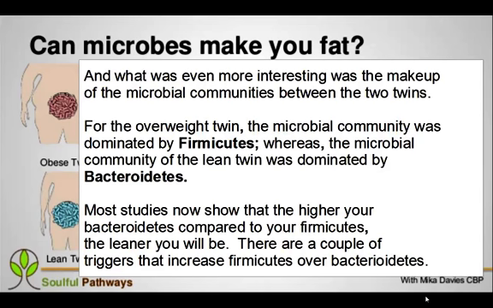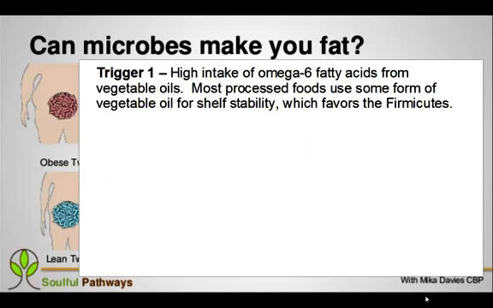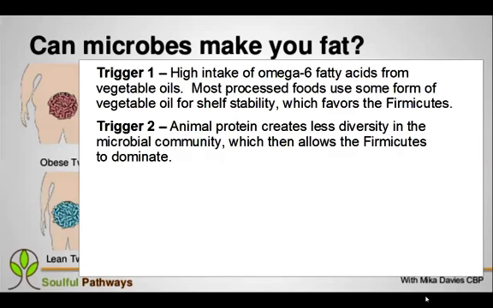Trigger number one, high intake of omega-6 fatty acids from vegetable oils. Most processed foods use some form of vegetable oil for shelf stability. The problem is these types of omega-6 oils trigger inflammation, which favors Firmicutes. Trigger two, animal protein creates less diversity in the microbial community, which then allows the Firmicutes to dominate.